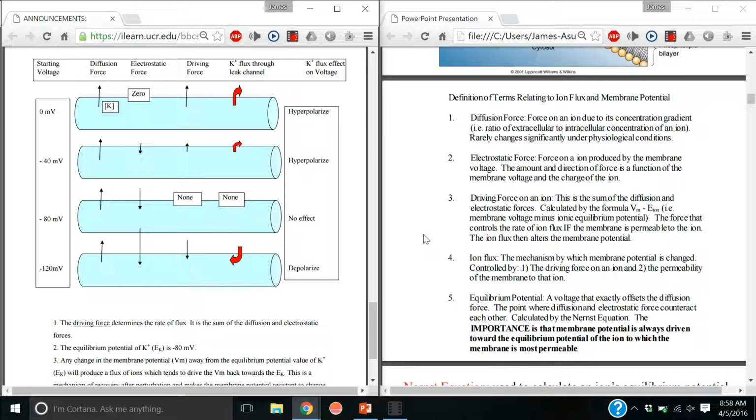And so at a membrane potential more negative than minus 80, you're actually going to have a driving force inward that will attract the positively charged ion. So there will be a net influx of potassium from outside of the neuron to inside of the neuron. And the consequence of that, in terms of membrane potential, is that it will actually depolarize the membrane potential.